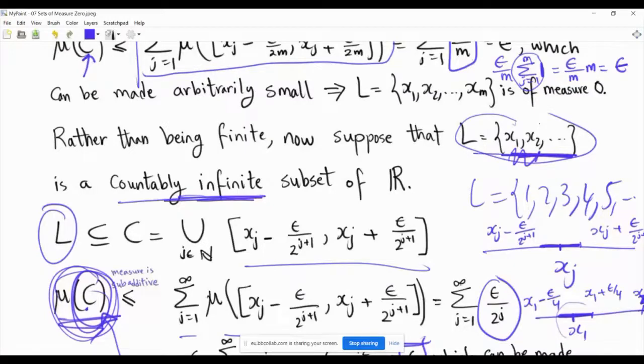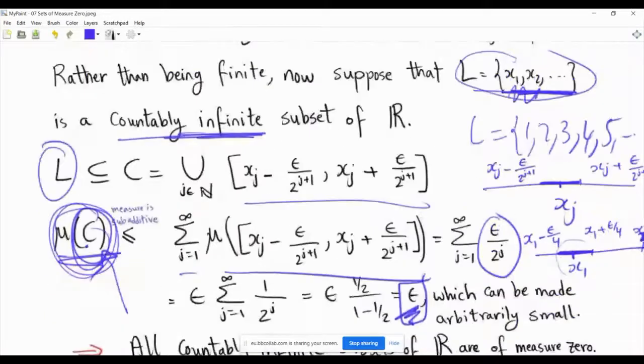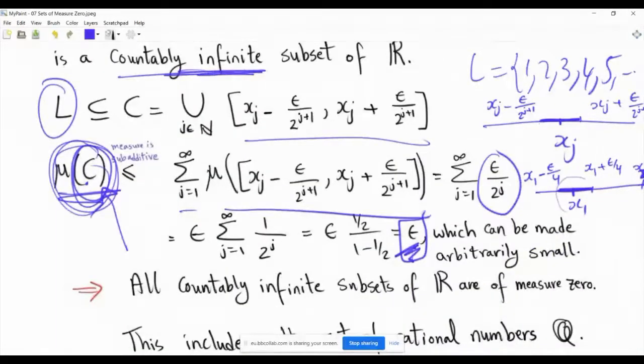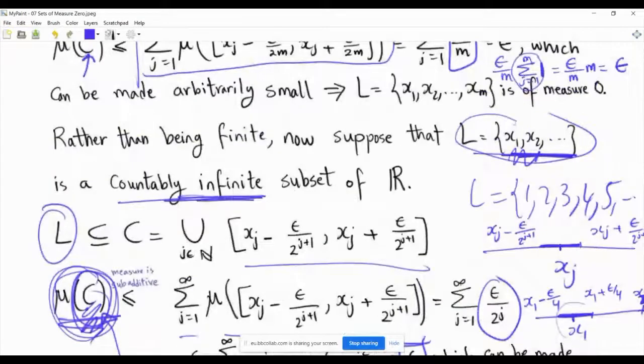This set is a set of measure 0 by our definition. It can be covered by this set C, and the length or measure of C can be made arbitrarily small. So basically L is a set of measure 0. So any countably infinite subset of the real numbers is a set of measure 0.